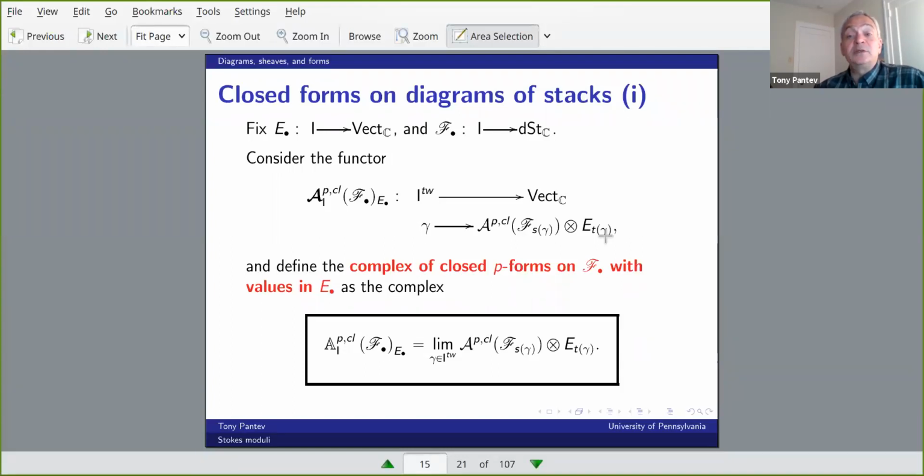And the complex of closed p-forms on the diagram of stacks with values in the diagram of vector spaces is just the limit of this, where the indexing set is the twisted arrows. So that's solving this problem of the forms behaving well under pullbacks and the coefficients behaving well for push forwards.